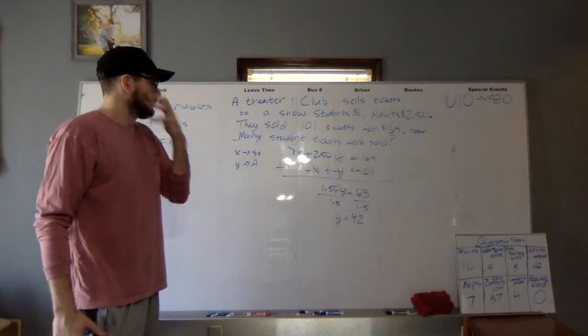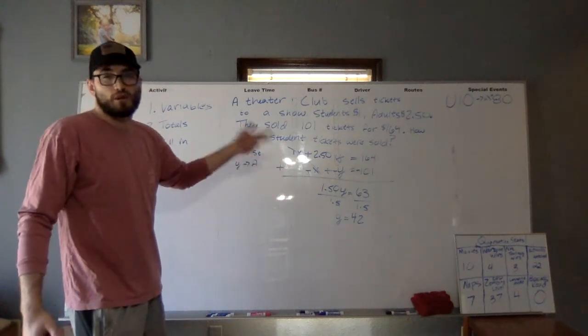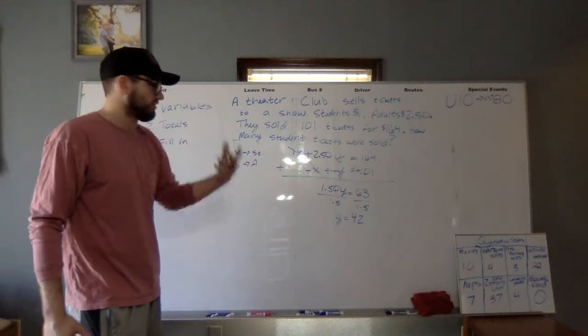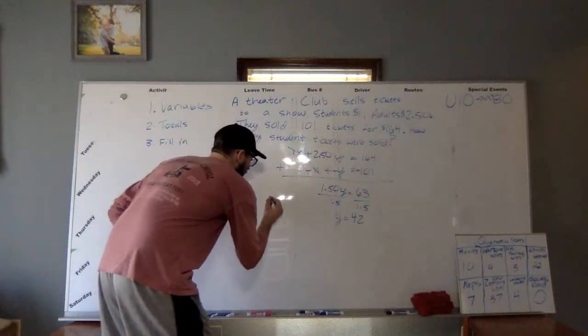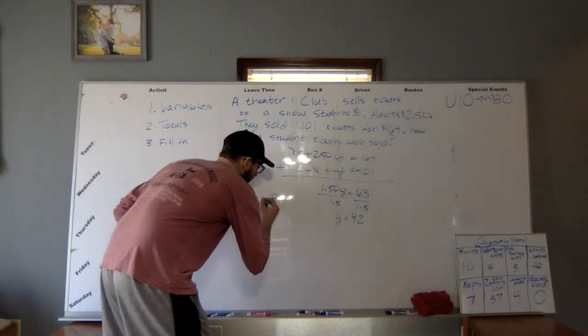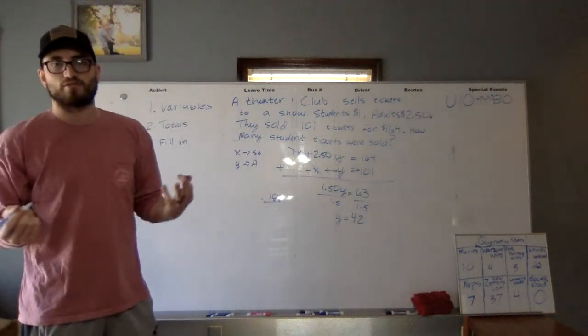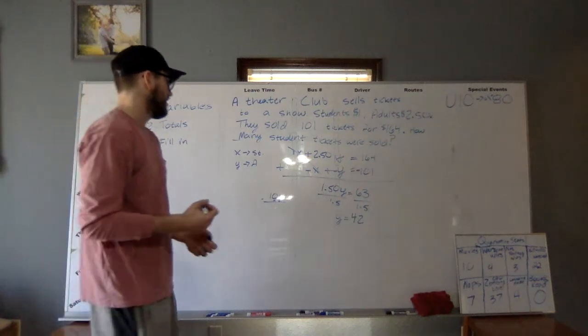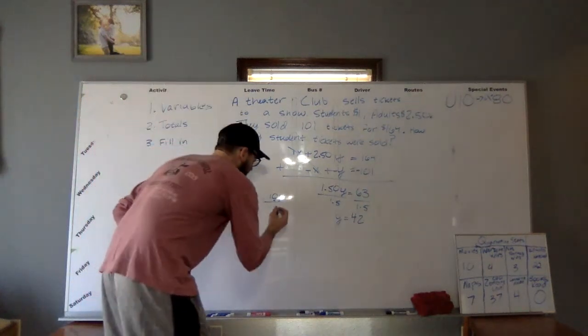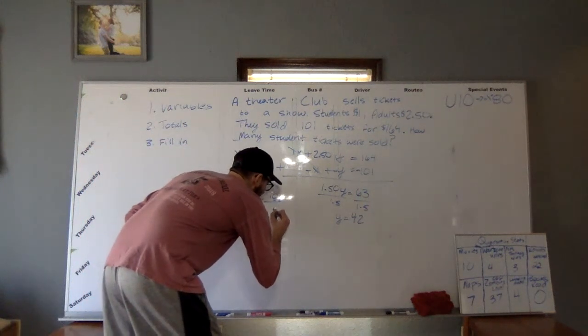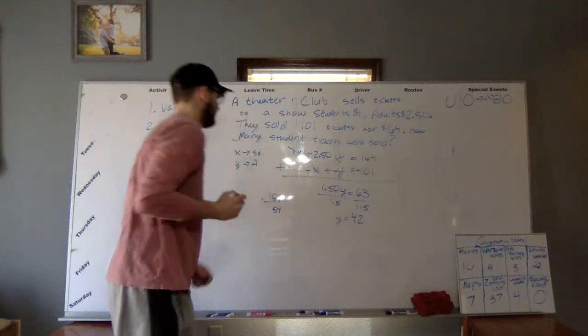Okay? Now, you could plug it back in, or you can just use your common sense here and go, oh, really? That means whatever 101 minus 42 is, that has to be the remaining amount of tickets sold that goes to the students. So in this case, it looks like it's going to be 59.